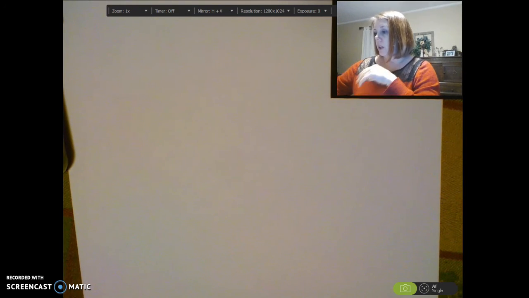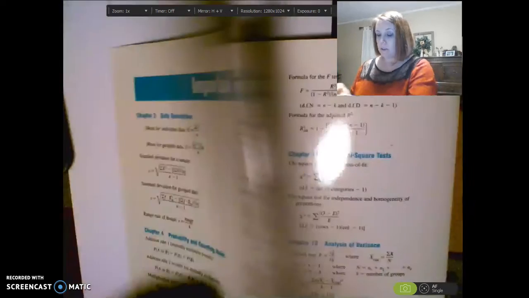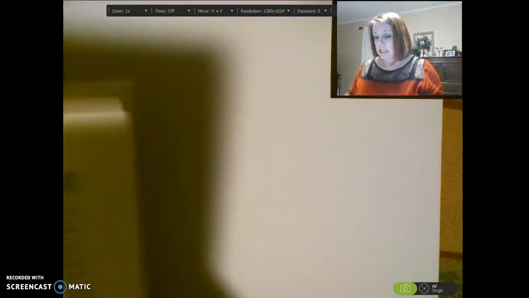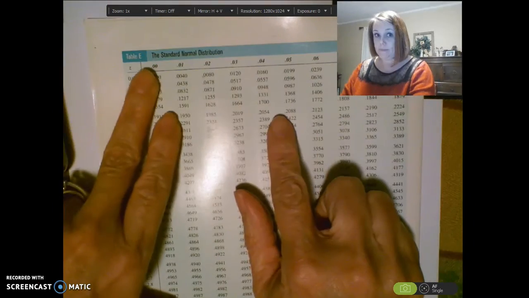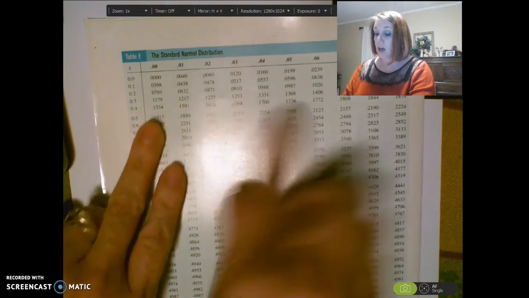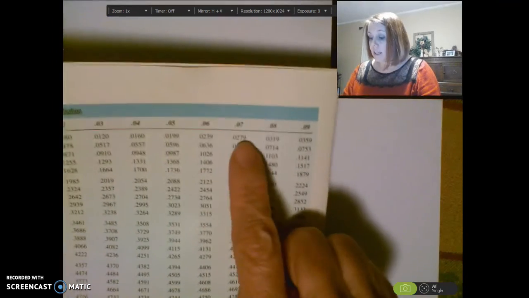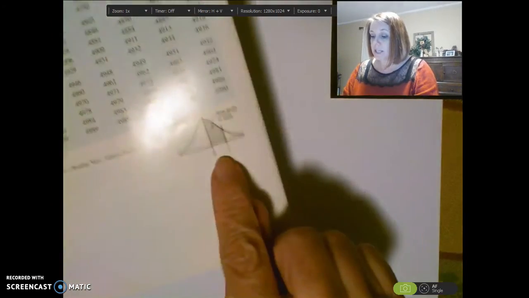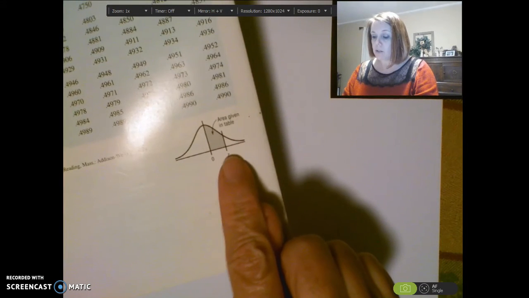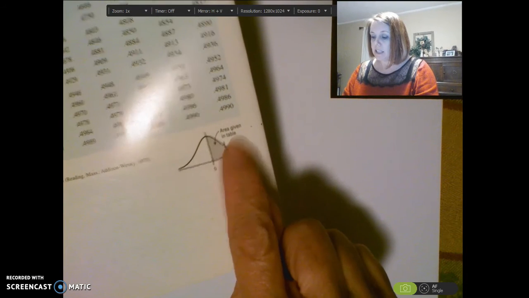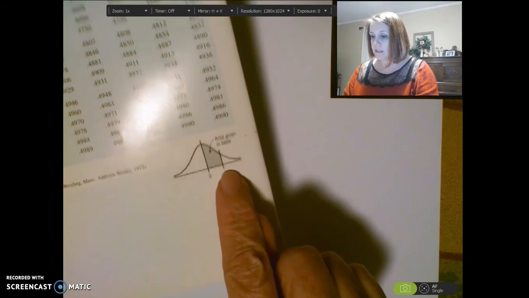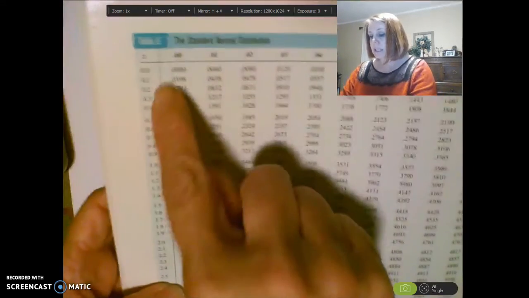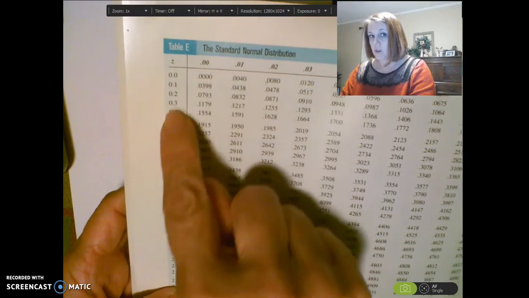Now, on your formula card, if we flip through, you'll find table E, the standard normal distribution. All of these values on this sheet are the areas between 0 and z, and you see that here in the bottom corner. It's reminding you that the areas given in the table are between 0, the mean, and z, whatever the z-score is. And we can see along the top edge that these are our z-scores.